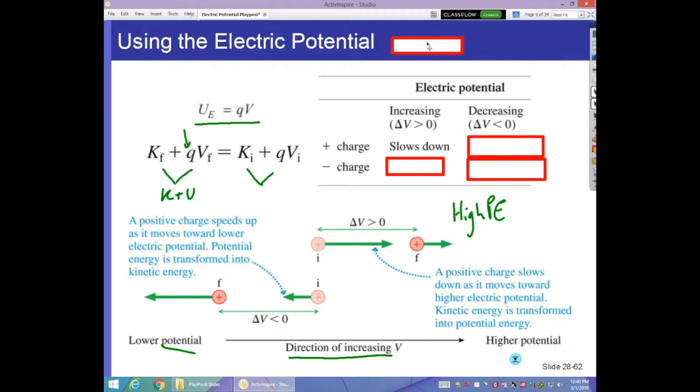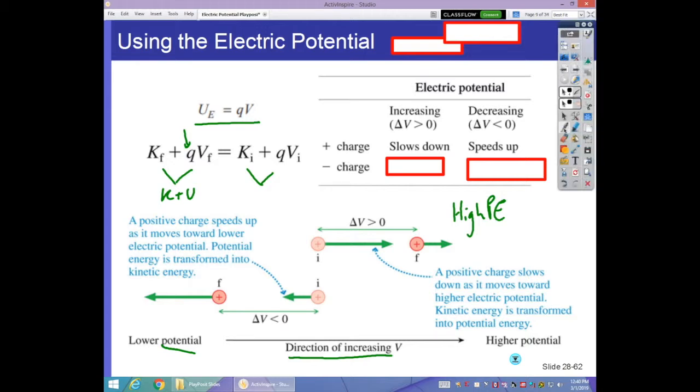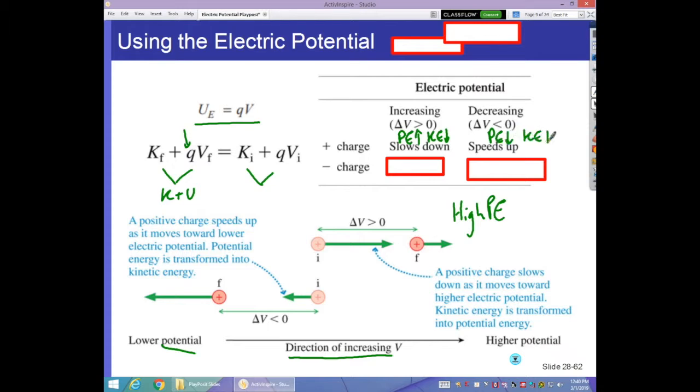Similarly, if I let go of a positive charge and it moves through decreasing voltage, it will speed up. So positive charges do what we expect. As potential energy increases, kinetic energy decreases. As potential energy decreases, kinetic energy increases.